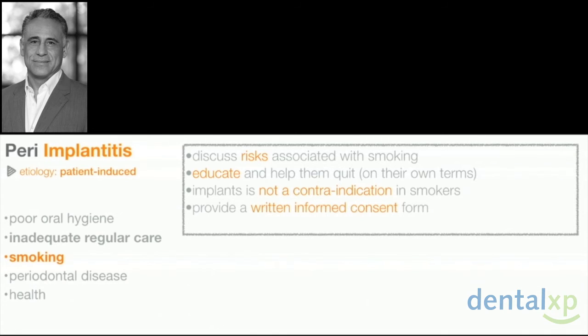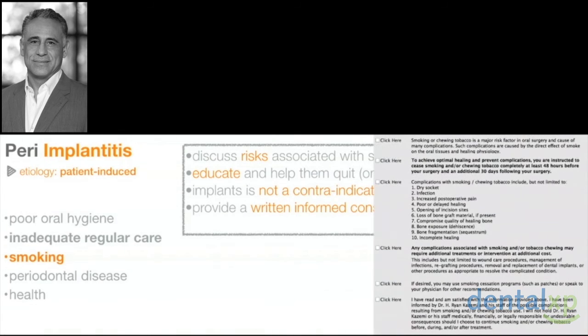I think it's important to have a written informed consent for patients who smoke, to really advise them of all the potential complications that can occur so that they're informed upfront about their role in a successful outcome.